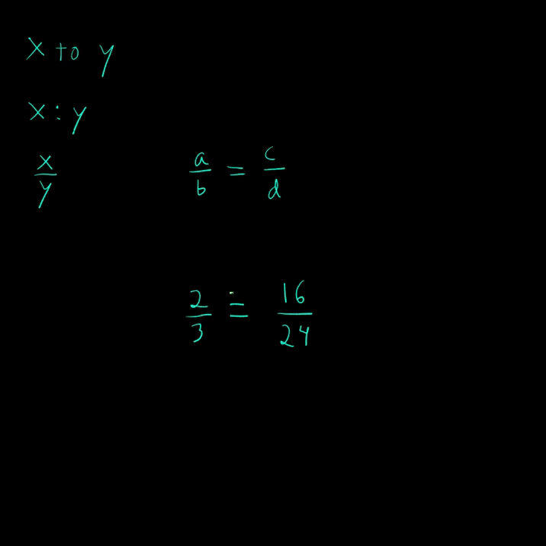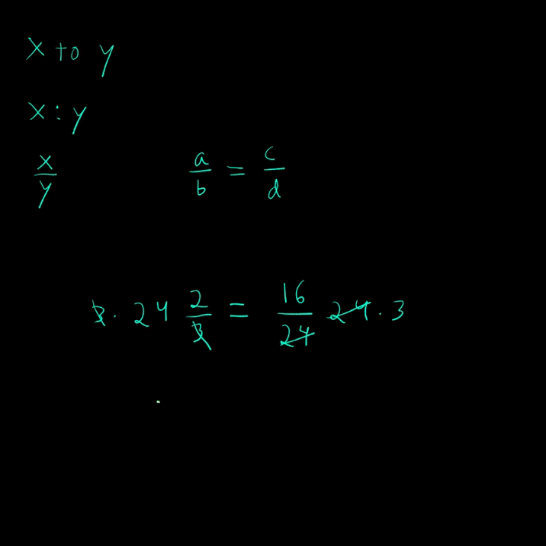So I would take this equivalence, and let's see what happens if I multiply both sides by 24. Get 24 over here, 24 over here. These cancel. Multiply both sides by 3. So multiply this side by 3. Multiply this side by 3. This 3 and this 3 cancel.